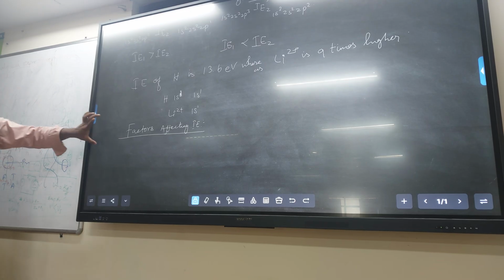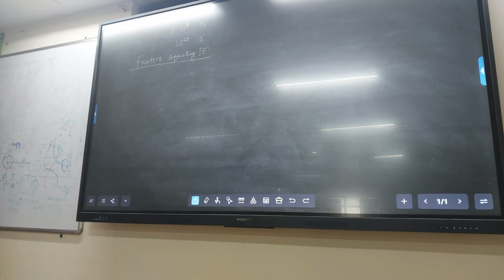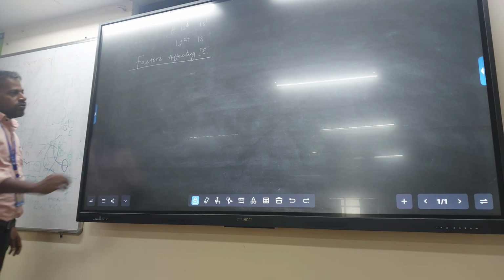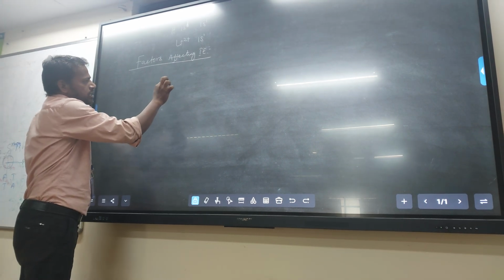So what are the factors affecting the ionization energy? You know that when atomic size increases, the ionization energy decreases, because the distance from the nucleus is more, therefore you can easily remove the electron.